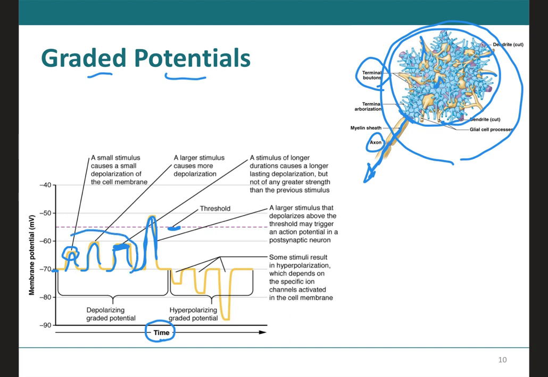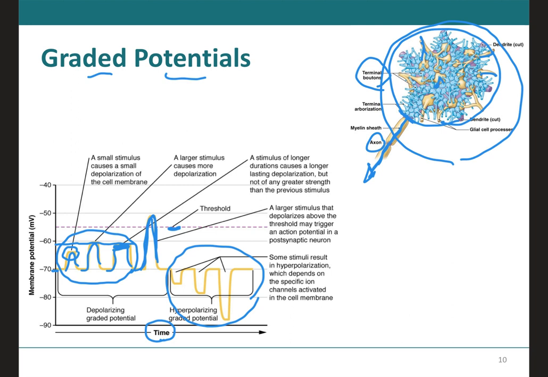All these graded potentials did not reach threshold, so they're over here at minus 60 millivolts. But one single one that was added reached threshold, went above minus 55 millivolts, and therefore it caused an action potential.